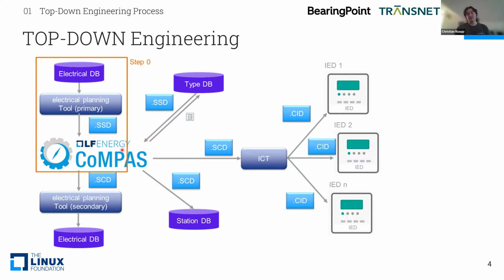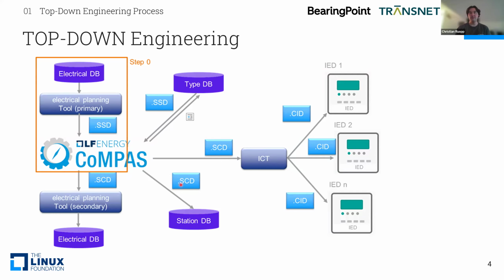So in CoMPAS, I do the whole functional engineering of the substation. So every function, every bit, every data flow, everything that goes on in the substation gets defined there. Everything in CoMPAS. And then I will get a complete SCD file, which contains everything that describes the substation.